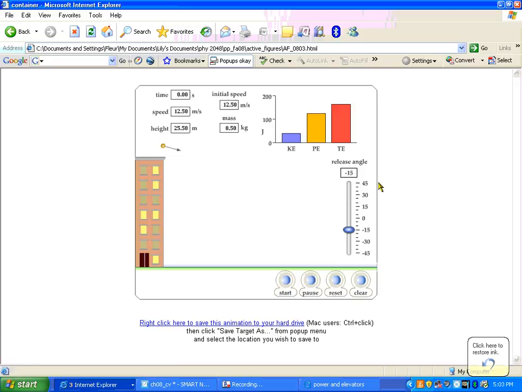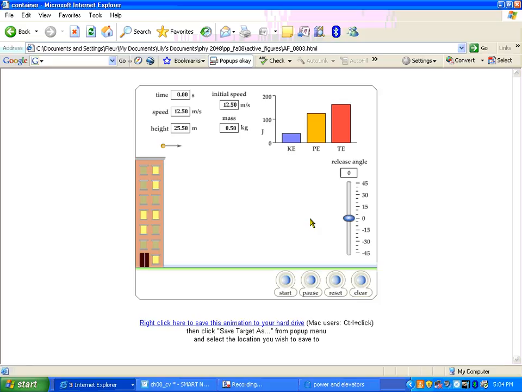Okay, so this is the animation where we have a ball, which is shown to have an initial speed of 12.5 meters per second, irrespective of the mass, thrown from a height of 25.5 meters. And let's here adjust the angle. Let's take the first case and say that the ball is thrown horizontally.